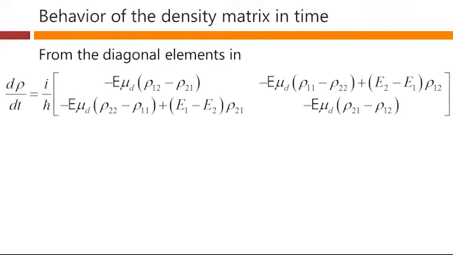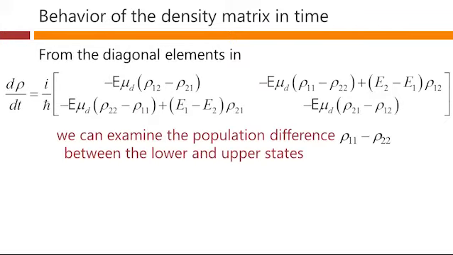From the diagonal elements in this equation we had, so these elements here and here, we can examine the population difference between the lower and upper states. Remember, we understand that the population difference from our basic understanding of the density matrix is indeed just the difference of these two diagonal elements. This is the population in state 1, this is the population in state 2, relatively speaking.